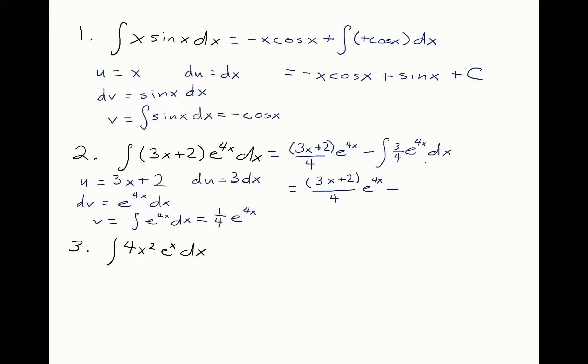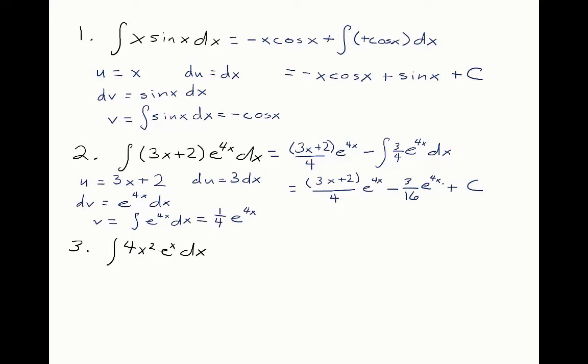So when we do this u substitution, we're going to pull out another 1/4, so we end up with 3/16. Alright, and then we have our e to the 4x because we keep our exponential. And then we add our plus c. Done.